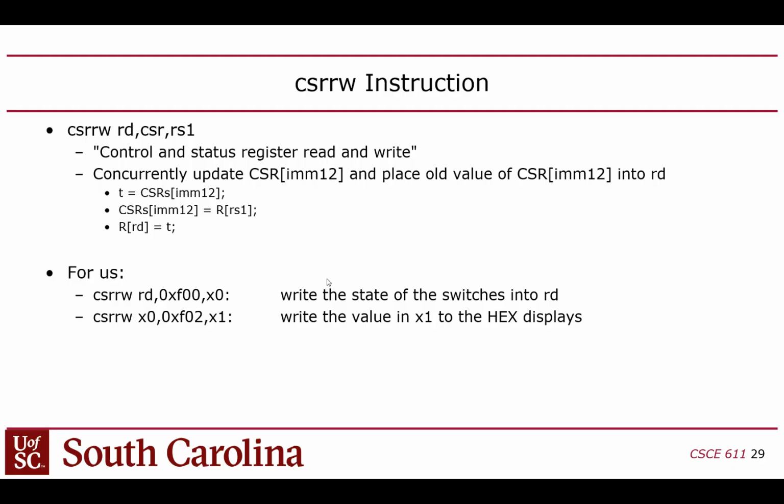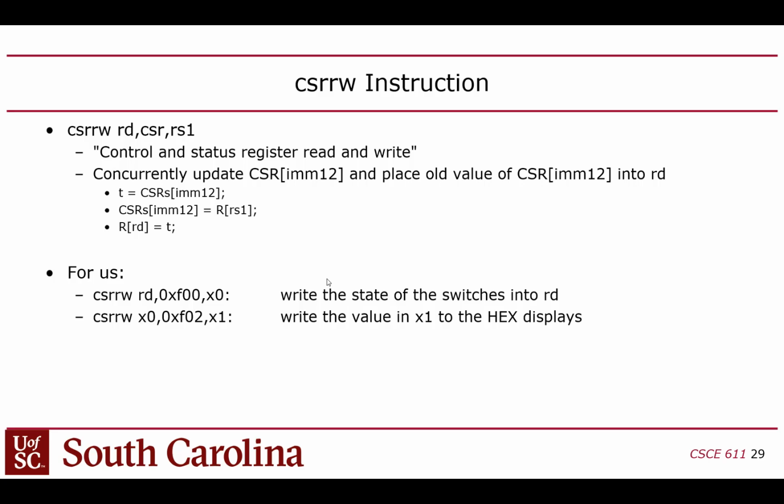If you download RARS from Blackboard, that version has been modified to include 4 control status registers, of which we only use 2. One for the switches, which is an input, and one for the hex displays, which is an output. And you guys will reuse the 7-segment decoders.